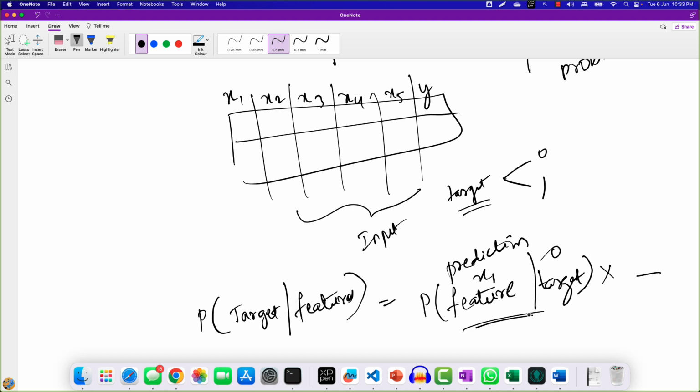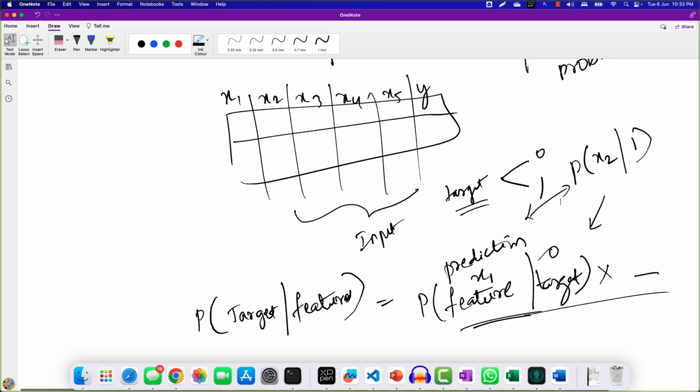So the core thing is here: if I want to predict the target given the features, I'll make use of the probability of occurrence of that specific feature, let's say x1, given the target as 0. In the same way, I'll go ahead and find the probability of feature x2 given the target is 1. Now whichever is the one that I'm getting the maximum probability, that's the one that I'm going to say will be the overall outcome.